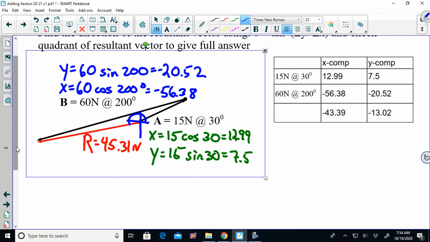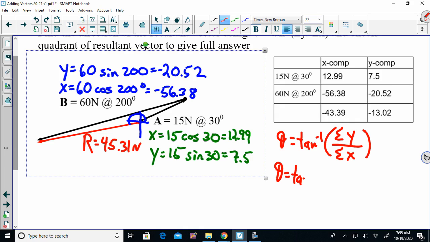Okay, so theta is equal to the tangent inverse of total y over total x, right? It's always the opposite side over the adjacent side. I'm going to say the tangent inverse of negative 13.02 over negative 43.39.